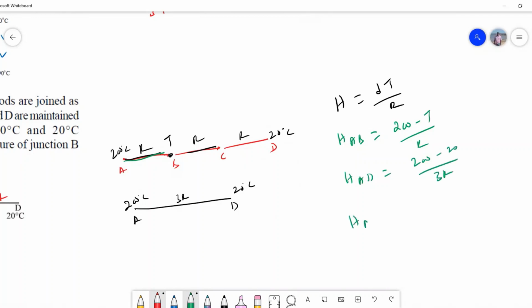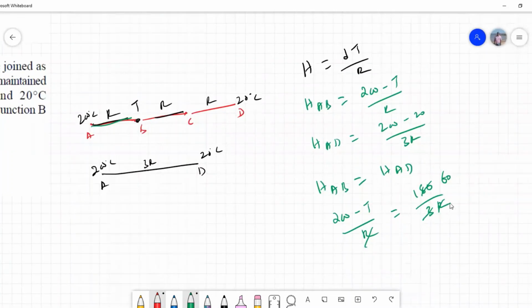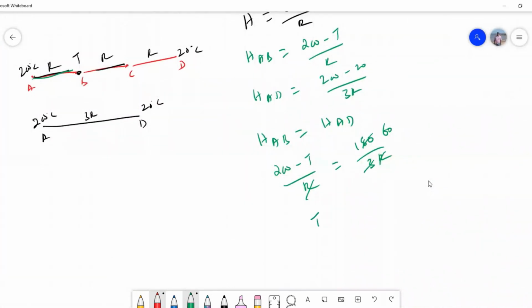Since heat currents are equal, HAB is equal to HAD. So 200 minus T by R is equal to 180 by 3R. R cancels. So 200 minus T is 60, and therefore T is equal to 200 minus 60, nothing but 140 degrees centigrade.